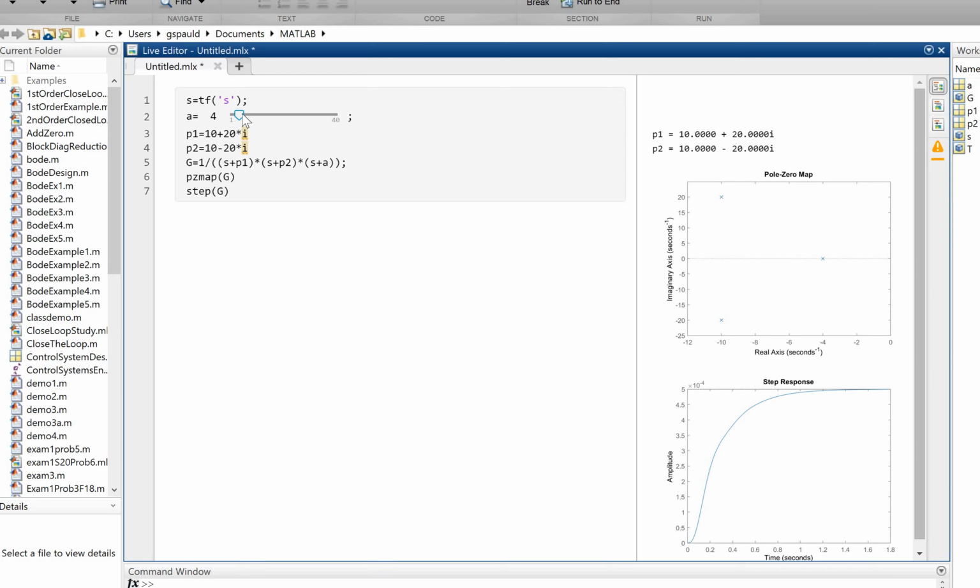Now, we push it up to this point. We definitely are violating that 10 times rule, and now we certainly are seeing some response from the complex poles. We've got the real pole out here at -15, and then our complex poles.